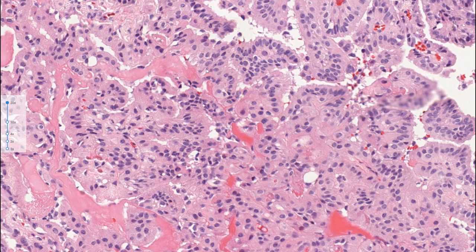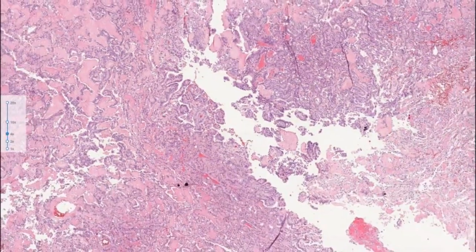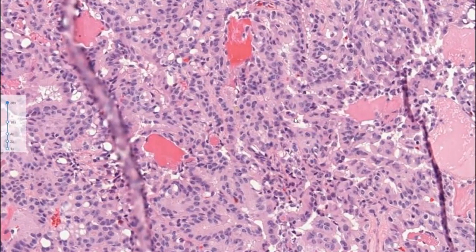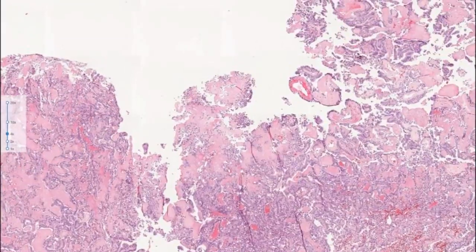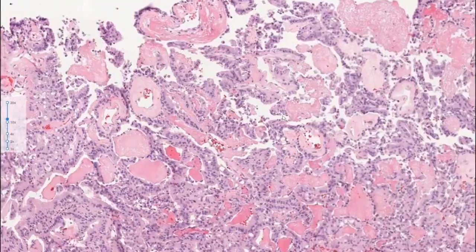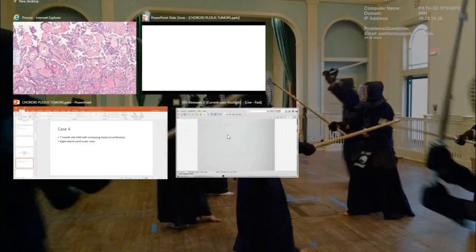And the proliferation is there, but it's not overwhelming. On this tumor, some fibrin, some hyalinization, and we have some stains here as well.